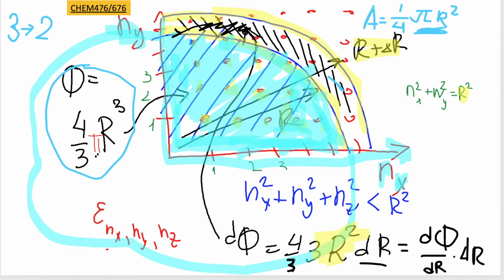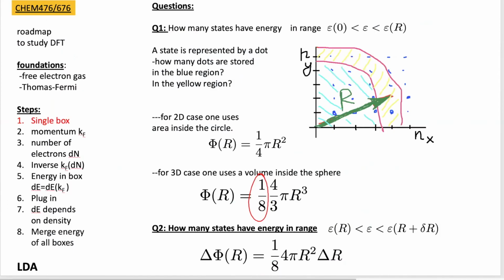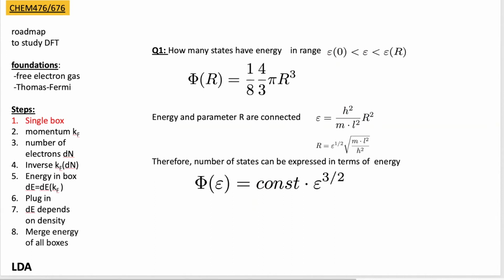So can we return from the parameter of this radius, which is not very well defined, to the parameter of energy? Can we speak about energy instead of this radius?